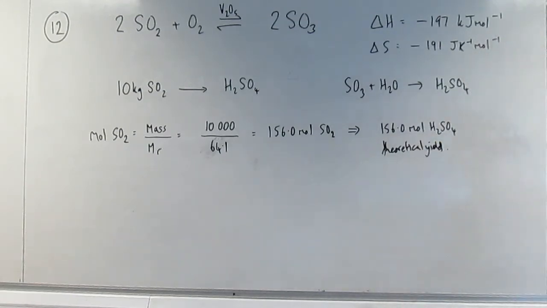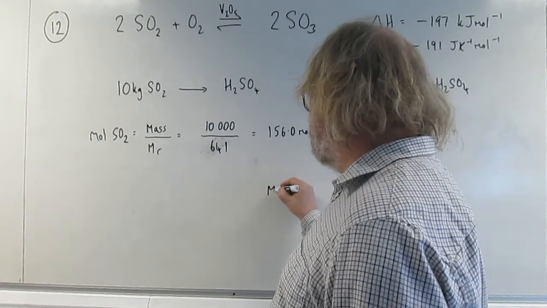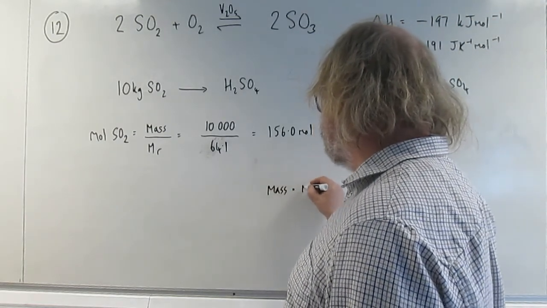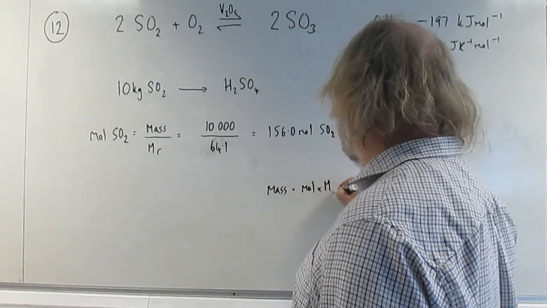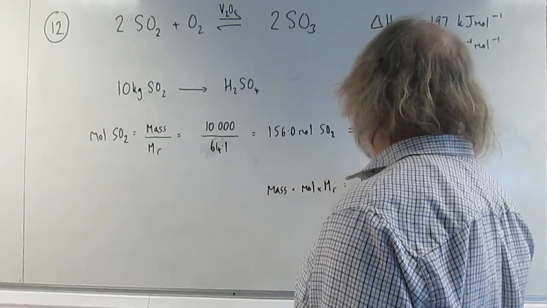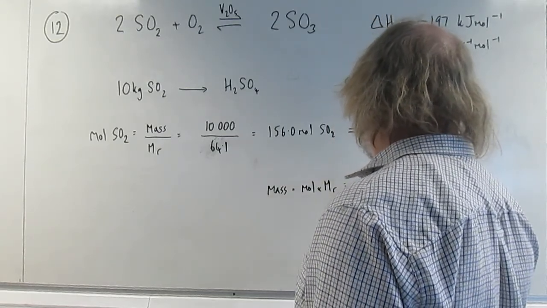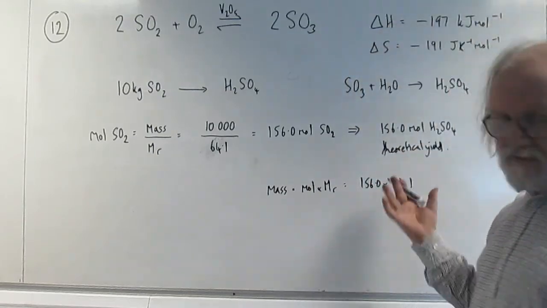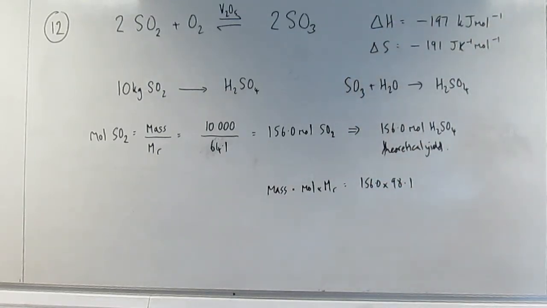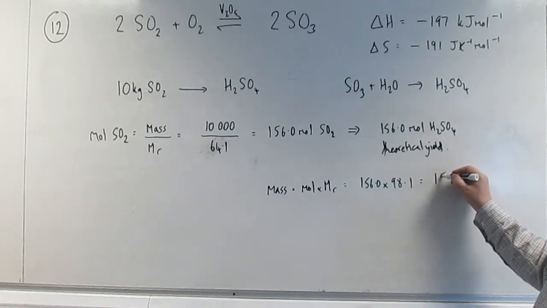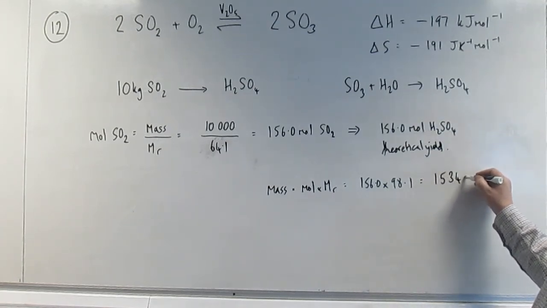And then we just have to turn that into a mass. So mass is moles times Mr, which is 156.0 times 98.1, or 98 if you use the rounded value, which comes to 15340 grams.